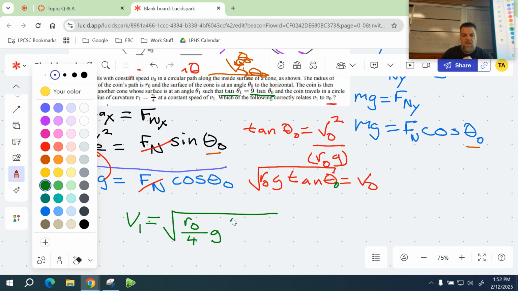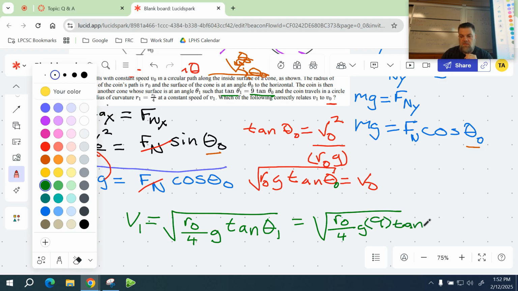So I'm going to say tangent of theta 1, but really it's the square root of the radius over 4 times g times 9 times tangent of theta naught.